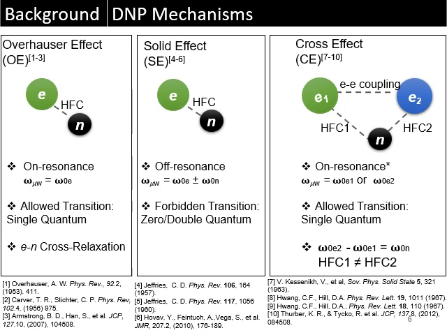Cross effect is a three-spin system, which requires two coupled electrons that are unequally coupled to a nucleus. The matching condition for cross effect is that the two electron Larmor frequency difference equals the Larmor frequency of the coupled nucleus. In cross effect, microwave irradiates at the on-resonance condition, which is an allowed transition and requires less microwave power, just like Overhauser effect.